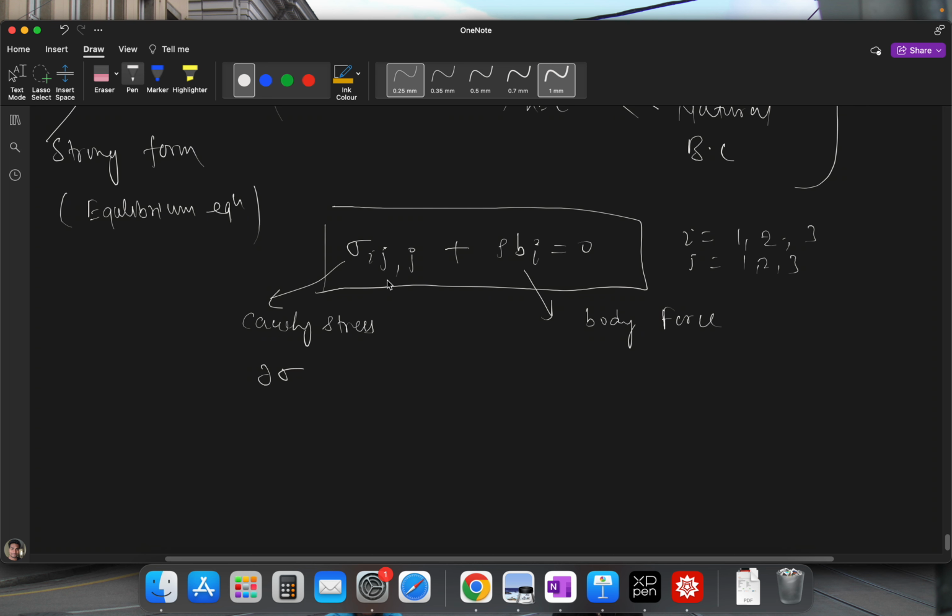So you can see that only the free variable is i, but j is a dummy variable. When some index repeats, then that index will be a dummy variable.